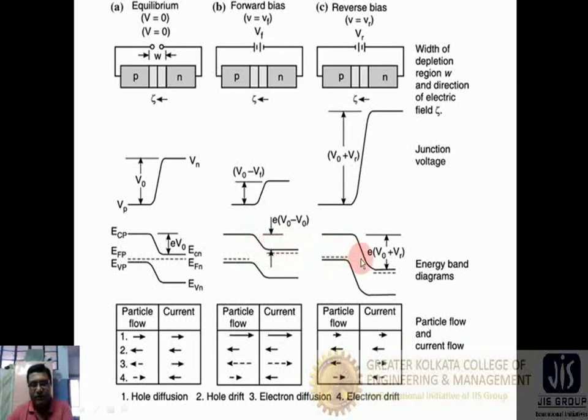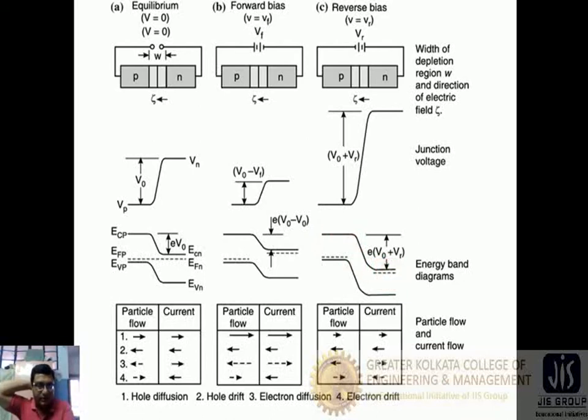In case of the reverse bias, the depletion region grows more and the band bending grows more, and there is no flow of current, but there is a reverse leakage current.